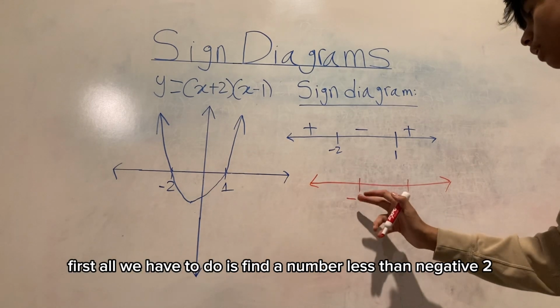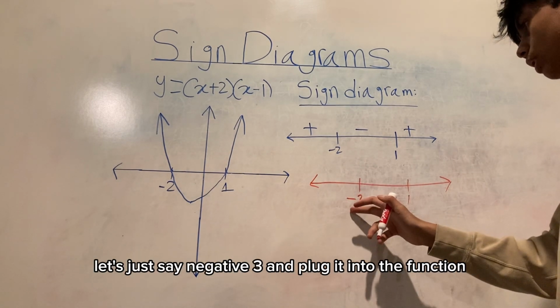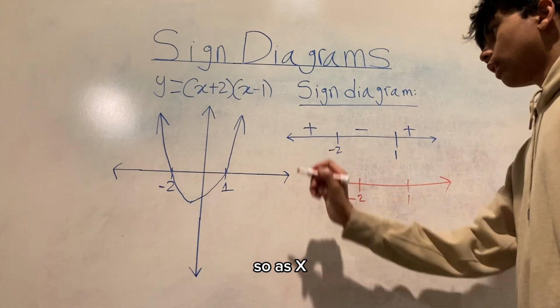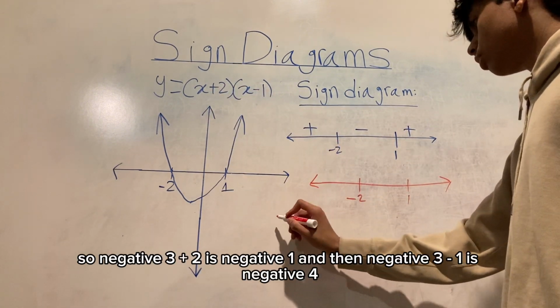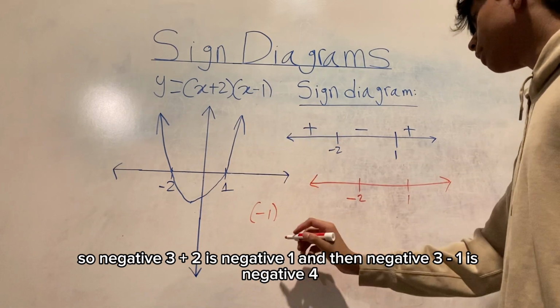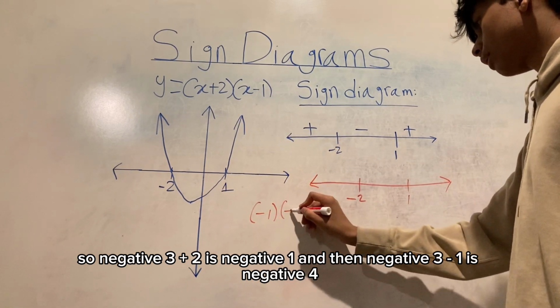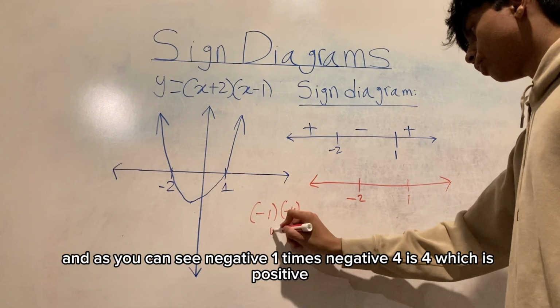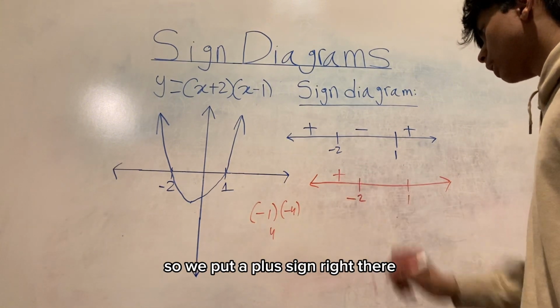All we have to do is find a number less than -2, let's just say -3, and plug it into the function. So -3 plus 2 is -1, and then -3 minus 1 is -4. And as you can see, -1 times -4 is 4, which is positive, so we put a plus sign right there.